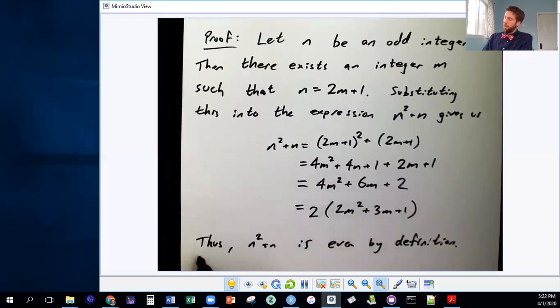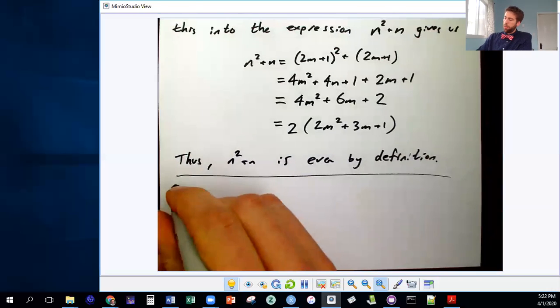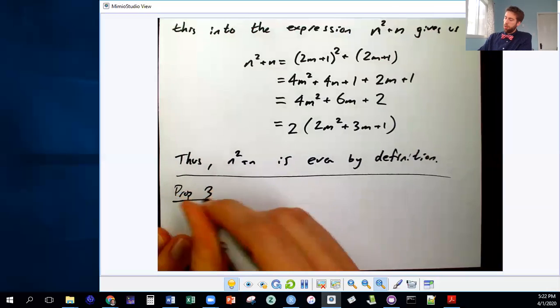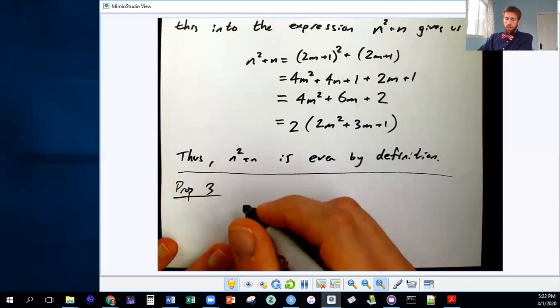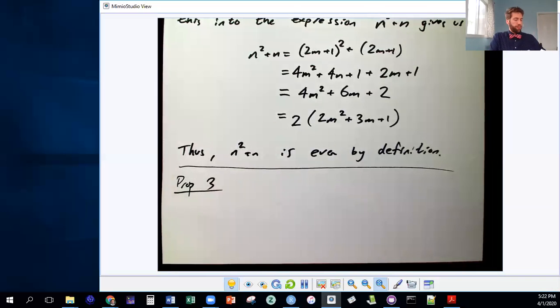Okay, now the easiest one is proposition 3. Maybe I'll just switch to a piece of paper here.